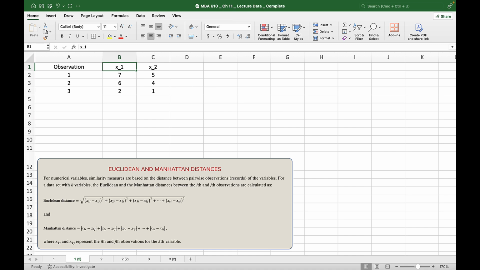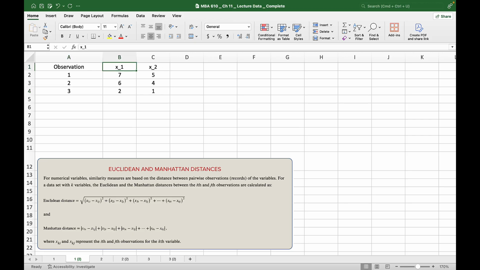So if we were just to take the tiny little data set that we have here, 3 observations and 2 variables, I want to place this into a little bit of context. Let's pretend that we're an online retailer, and we have data on 3 people, person 1, person 2, and person 3.